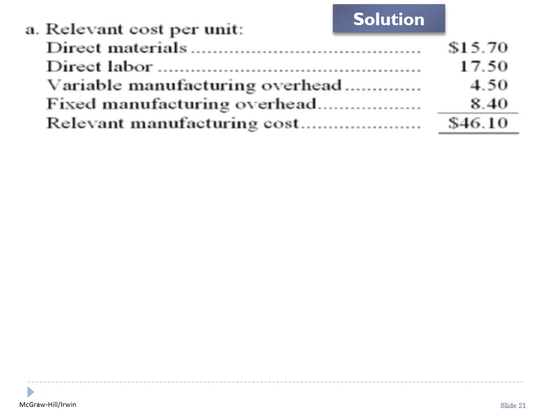You may ask, how can we compute the fixed manufacturing overhead? It says in the example that $6.2 of the fixed manufacturing overhead cost being applied to the part would continue even if the parts were purchased from the outside suppliers.